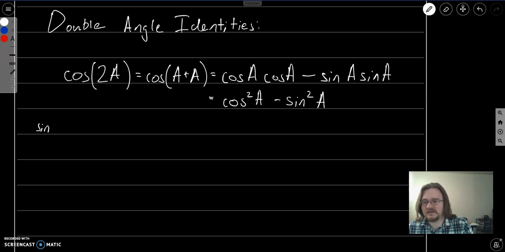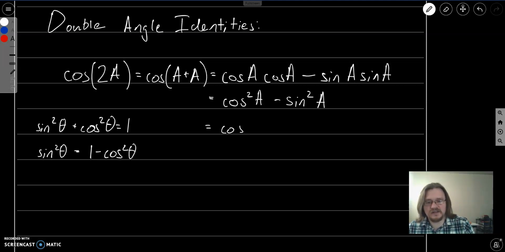Sine squared of an angle plus cosine squared of an angle is 1, right? So if I solve for the sine, for instance, this is going to be 1 minus cosine squared. So I can plug in for sine squared into here.